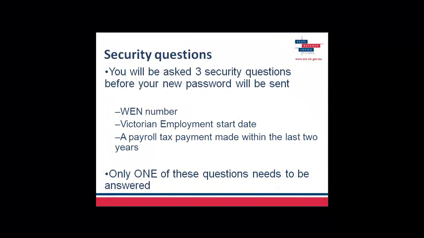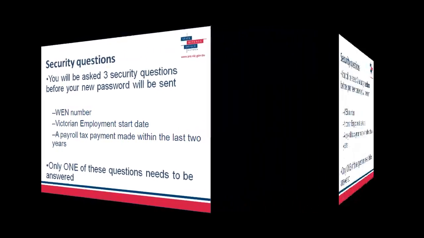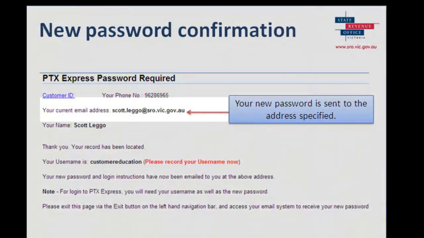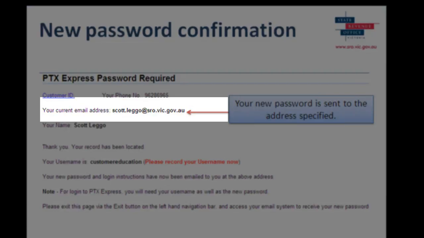You should have access to at least one of those pieces of information. Input that information in and then click the submit button, and it will email the password through to the email address that you specified in the previous screen. This is the screen that you would get as a result of submitting that information. It specifies the email address to which the password has been sent.